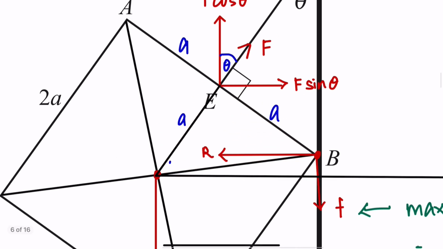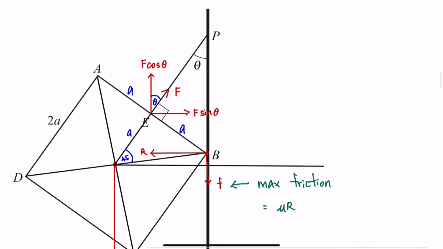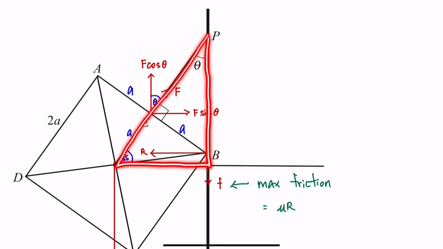So this should be 45 degrees. And this is another triangle. It's a right angle triangle. So we know that this is 90 degrees. This is theta. This is 45.